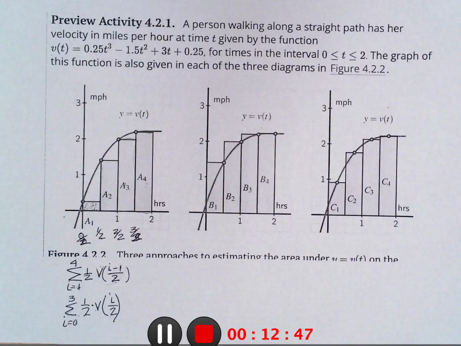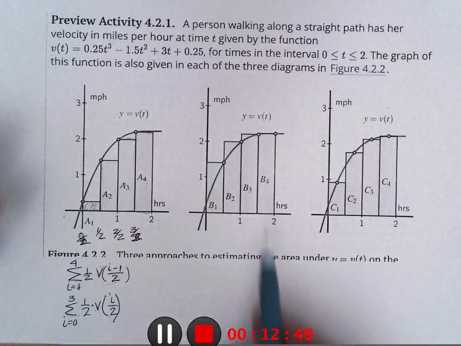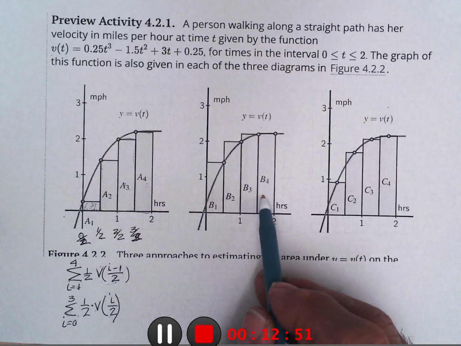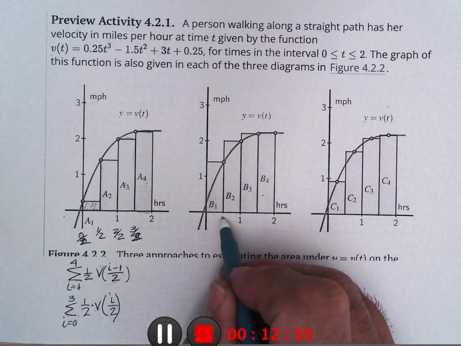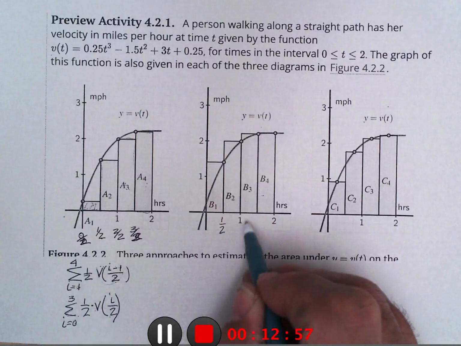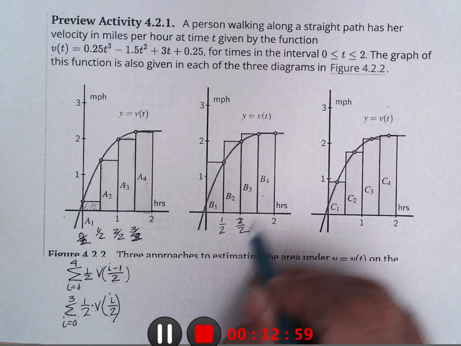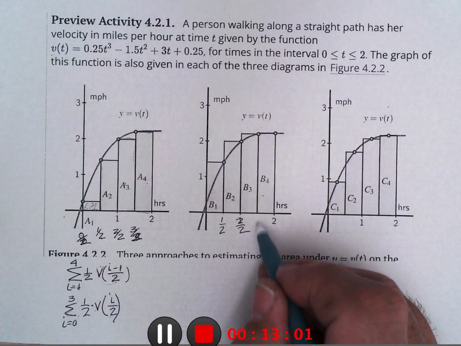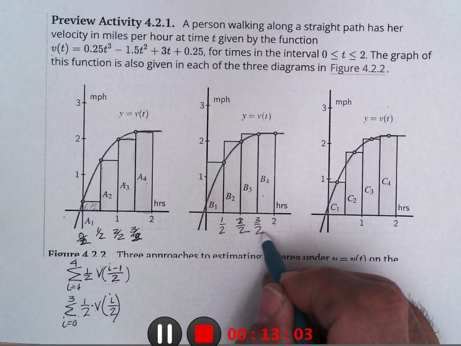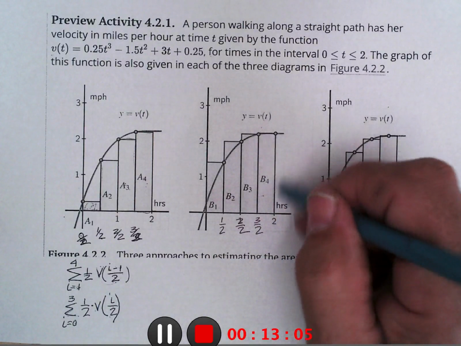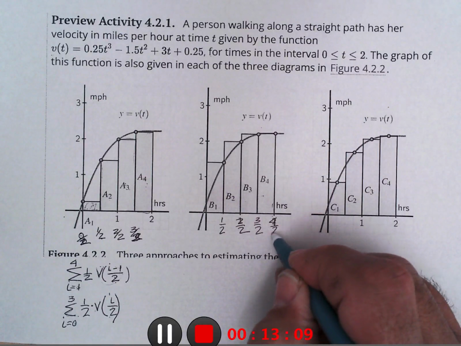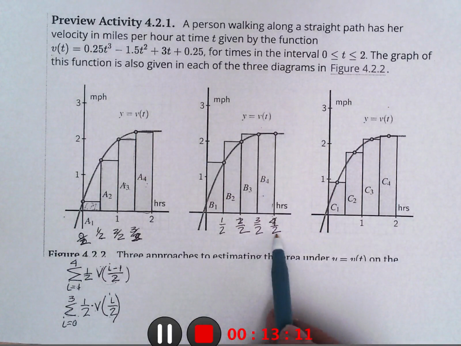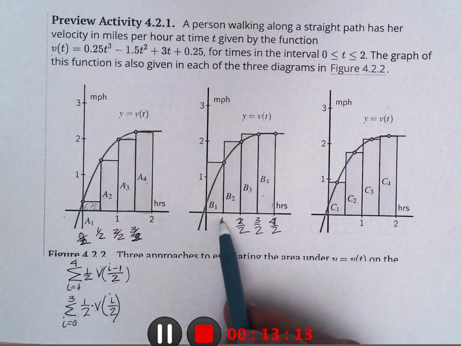So then in class I said, let's do it for these. So now I'm figuring out the height at 1/2, at 2 halves, at 3 halves, and this last rectangle has the height at 4 halves. And when you write something like this, it helps you see that I could be 1, 2, 3, 4.